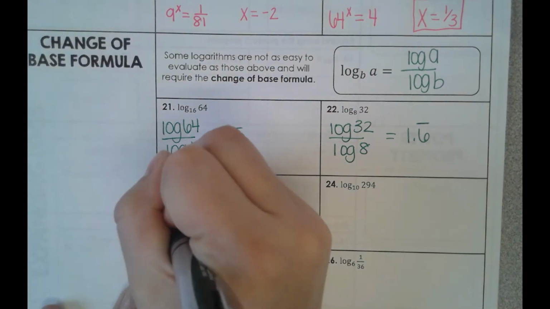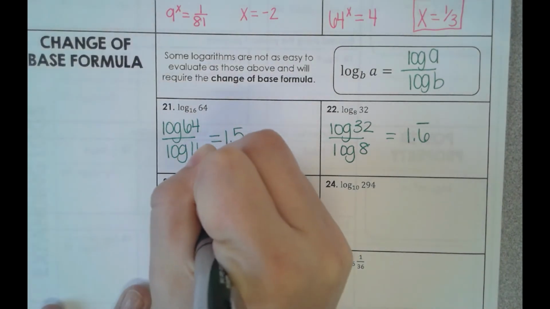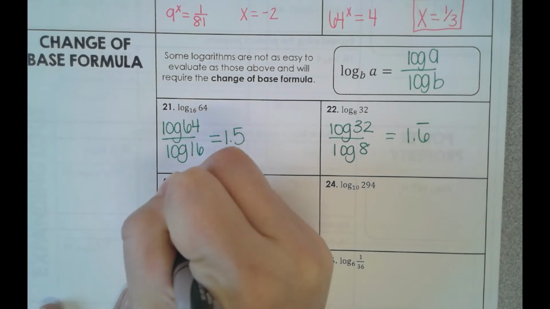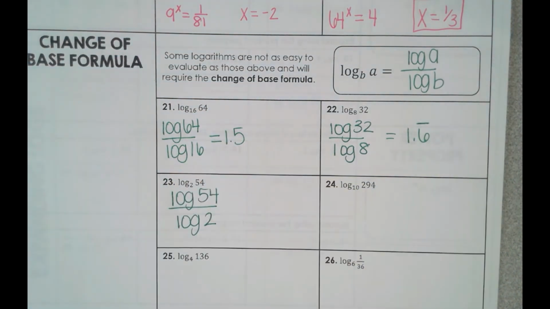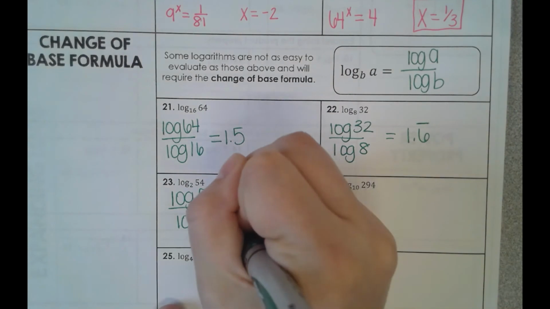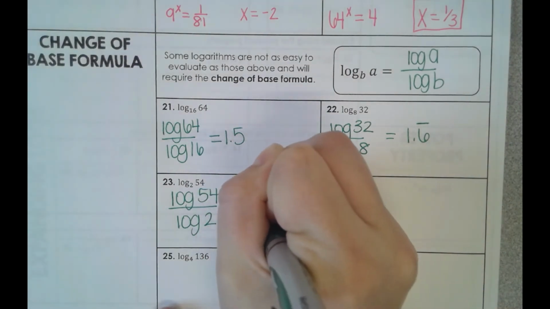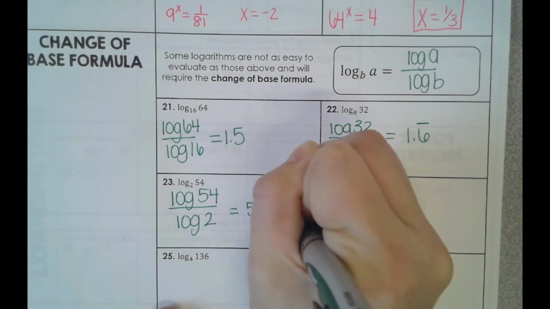So number 23 would be log of 54 divided by log of 2. And if it's kind of an ugly decimal like that, you need to go to 4 decimal places. 5.7549.